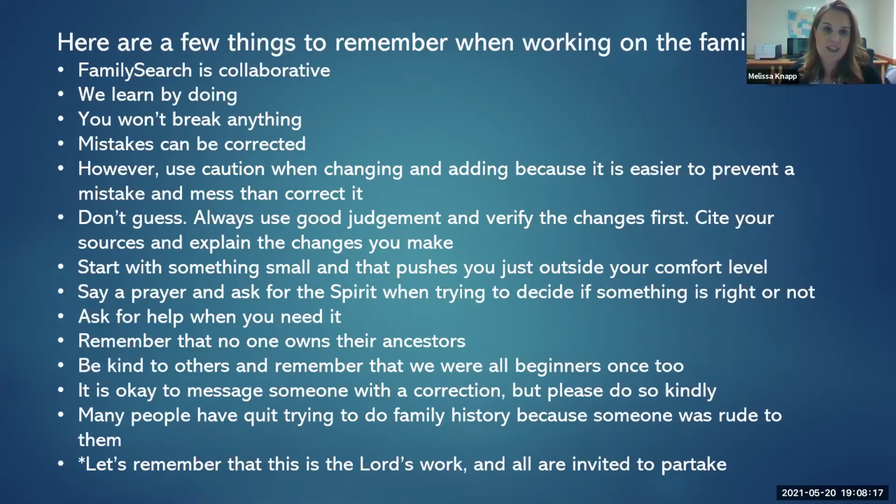We're supposed to work together. It's all one tree, and it's designed to have one giant family tree that we can all fit into. And I love that. But because it's collaborative, there are mistakes, and we just have to learn to work with each other. But we learn by doing, right?